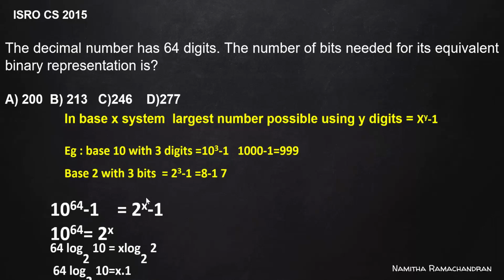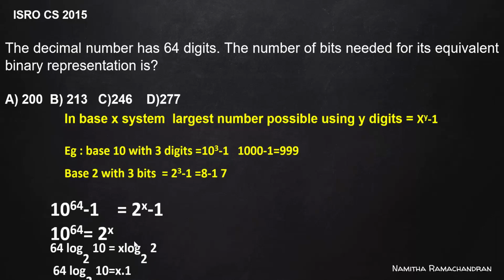So 2 to the power x minus 1, where x indicates the number of bits used. Cancelling the ones, we get 10 to the power 64 equal to 2 to the power x. Now we need to avoid this power term, so we take log to the base 2 on both sides. We get 64 into log 10 to the base 2, equal to x into log 2 to the base 2.